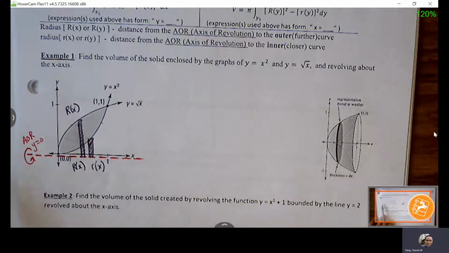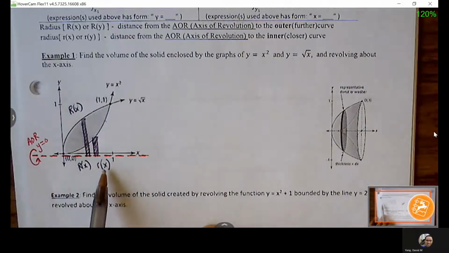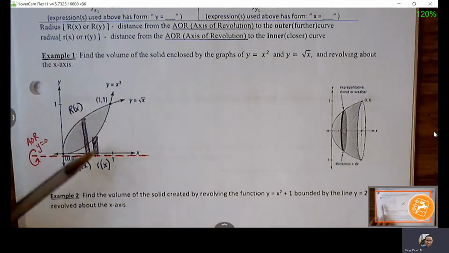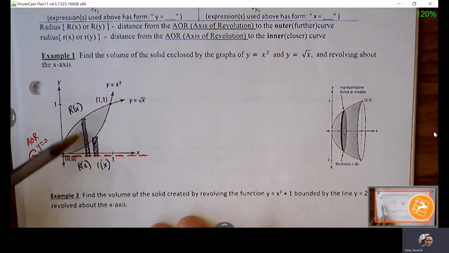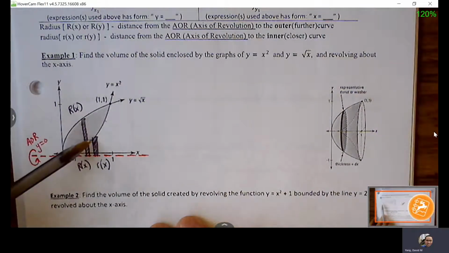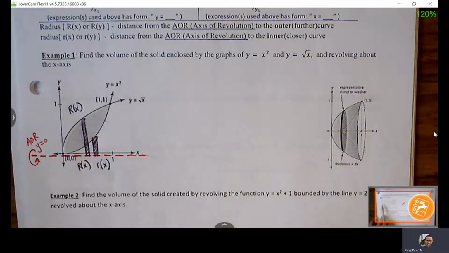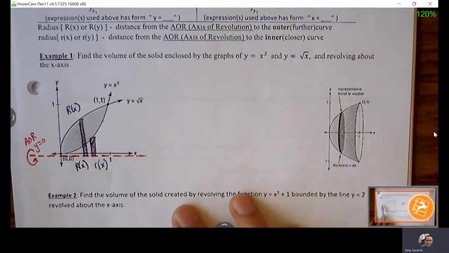Now, if you place the big R and little r next to each other, it's going to be obvious which one is which, right? Big R is going to be the longer, and little r is going to be the shorter of the two. Okay, questions so far?